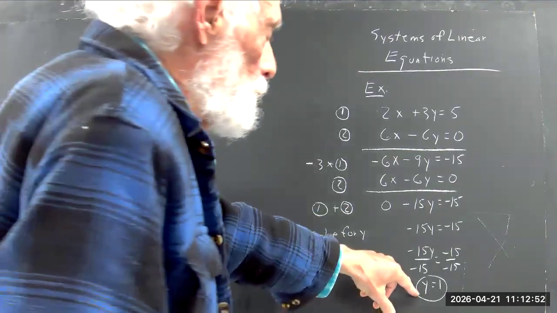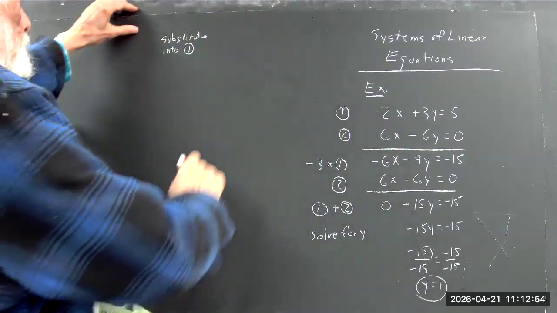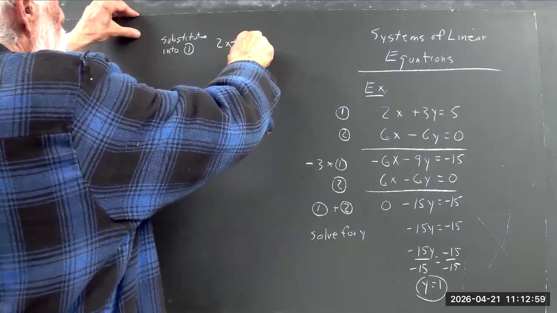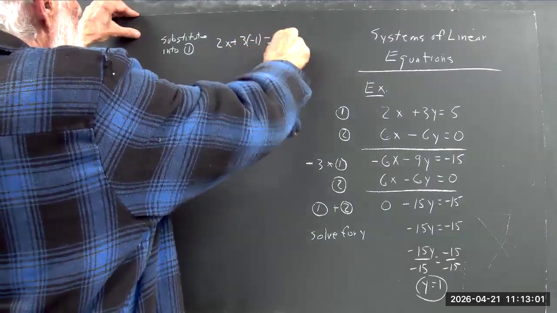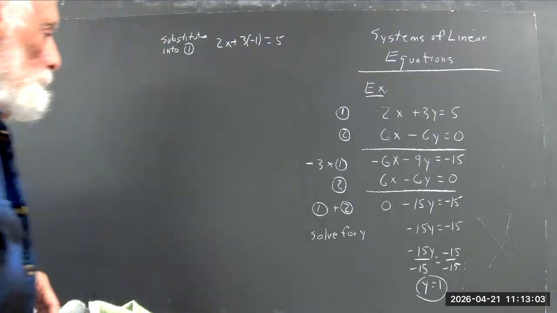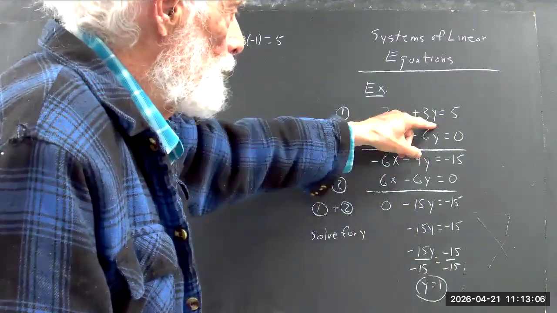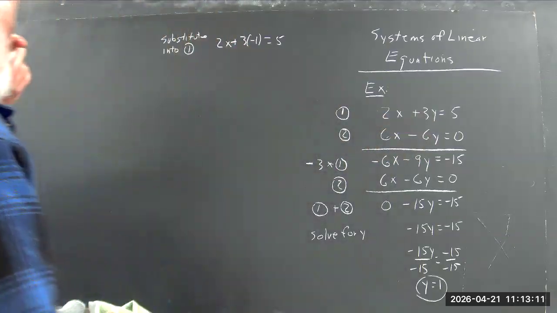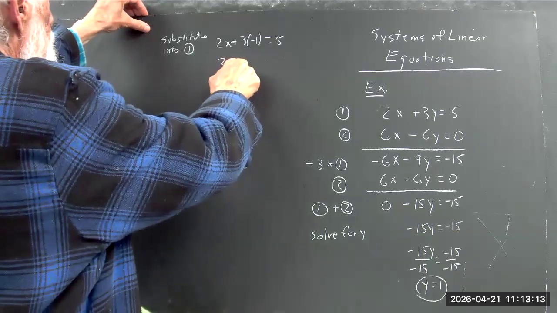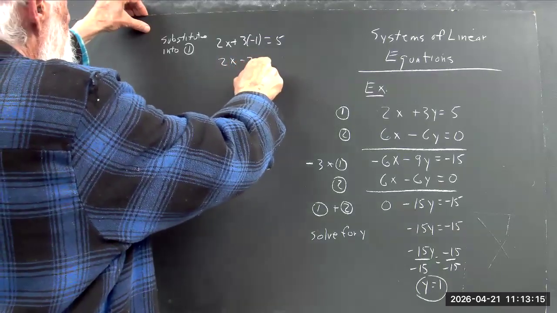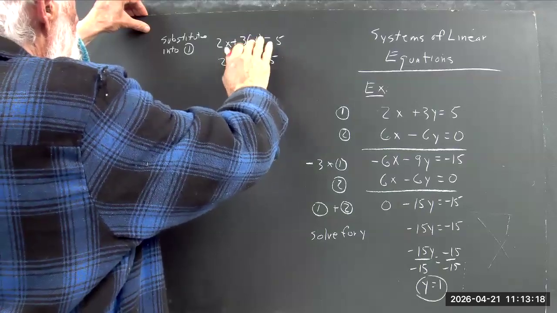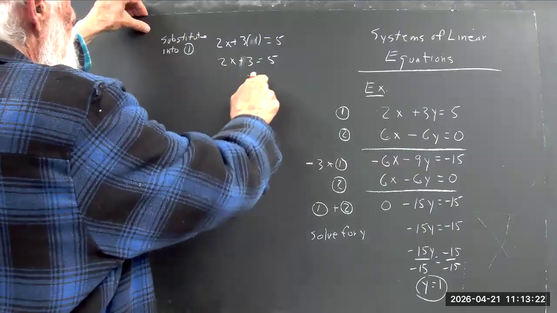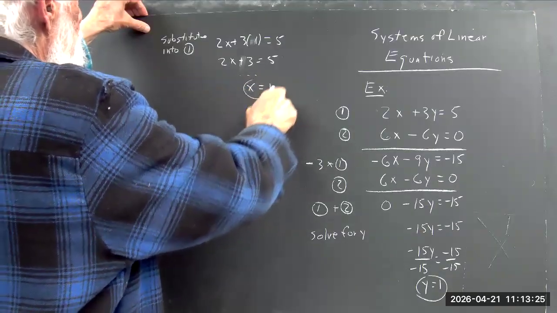We substitute y equals 1 into equation 1. We get 2x plus 3 times 1 equals 5. Y equals 1 substitutes for the y in the first equation, gives us this. And the arithmetic is simple. We get 2x plus 3 equals 5. And we solve that and we get x equals 1.